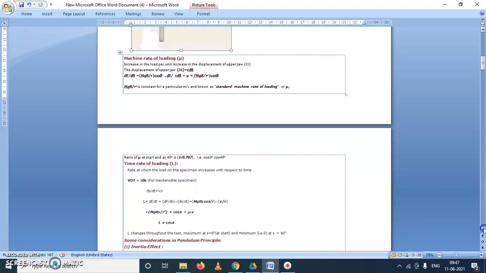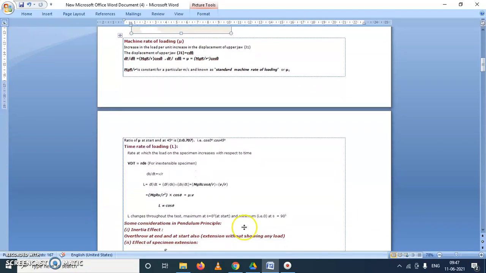Similarly, we can calculate time rate of loading. Now, what is time rate of loading? That is the change in force with respect to time, that is dF upon dt. Now, dF upon dt can be written as dF upon d theta into d theta upon dt. We already know dF upon d theta. From here we can calculate it, and d theta upon dt can be written as v upon r.